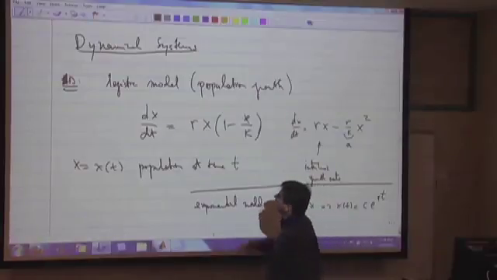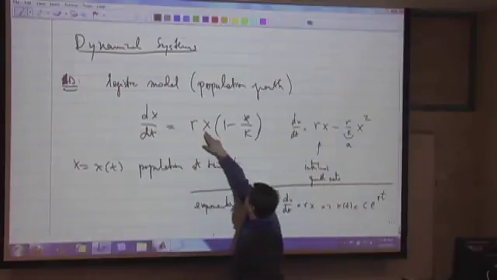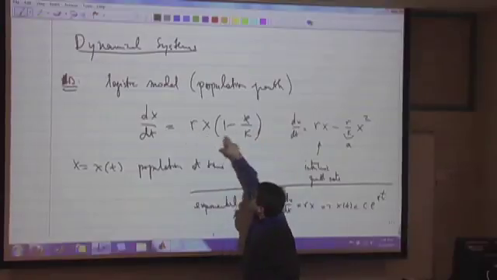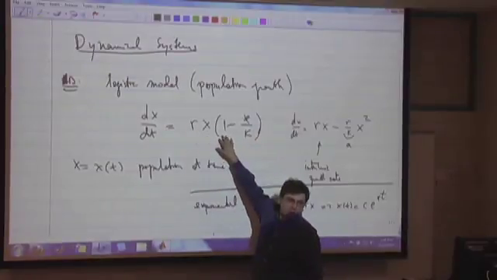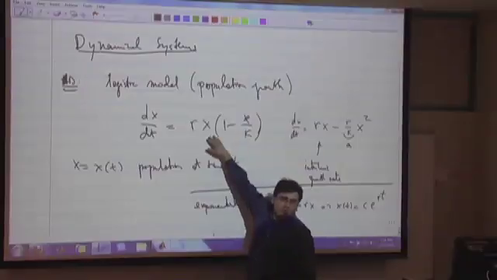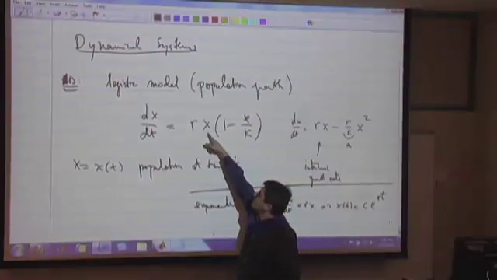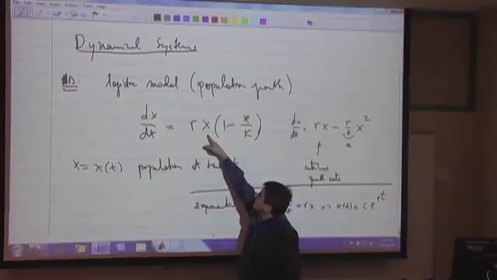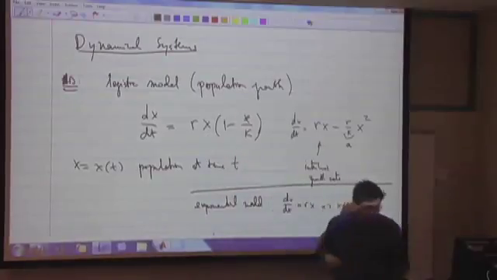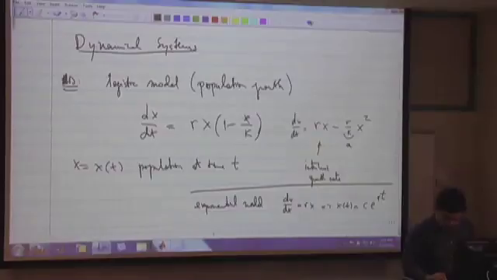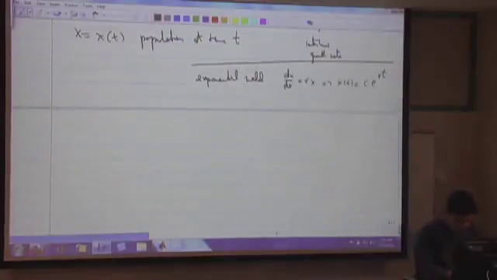That would be a constant solution to this equation. And remember, a constant solution means the right-hand side has to be equal to 0. So having it as a product is just convenient, because you can see the right-hand side is 0 if x is 0 or if x equals k. We saw that in the direction field.